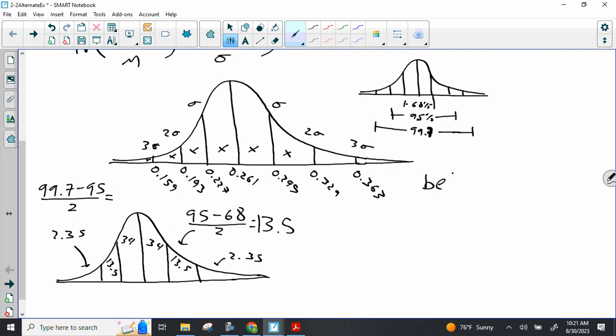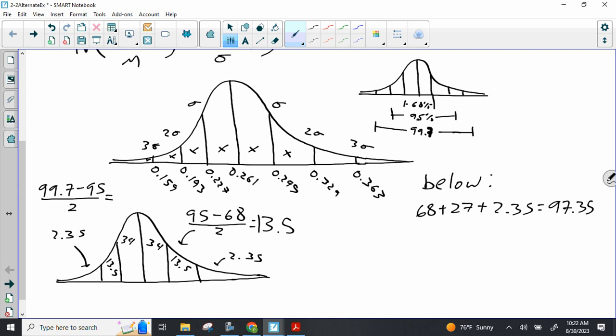Below, we're going 68 plus the 27, so that's these and this. And then we're going to add that 2.35. And we're going to get 97.35. All right, cool. Let's do it now using the table.